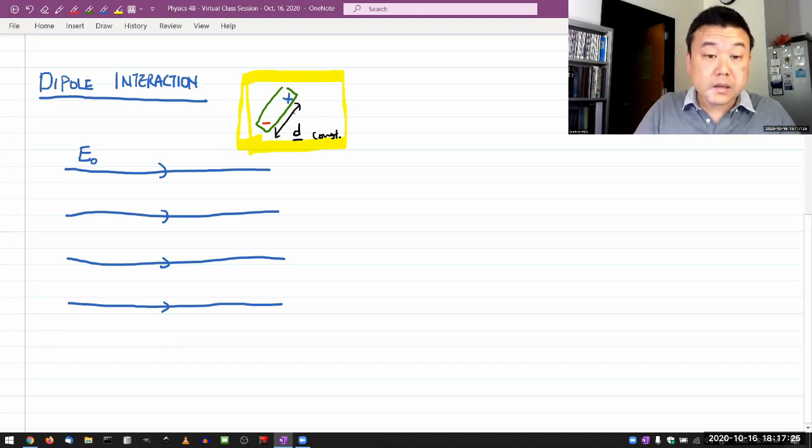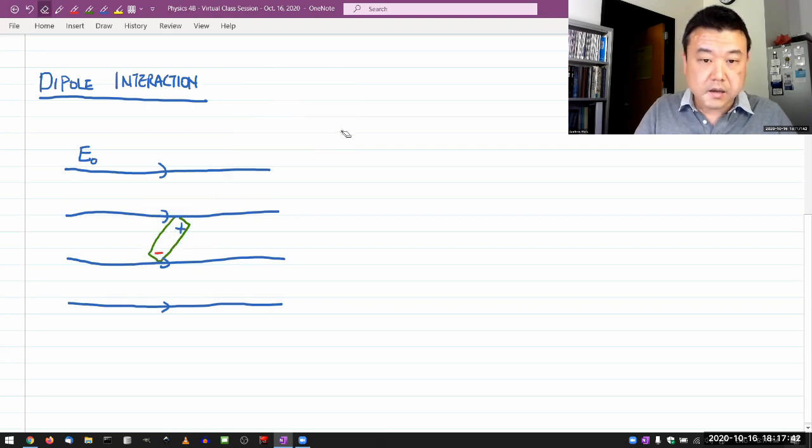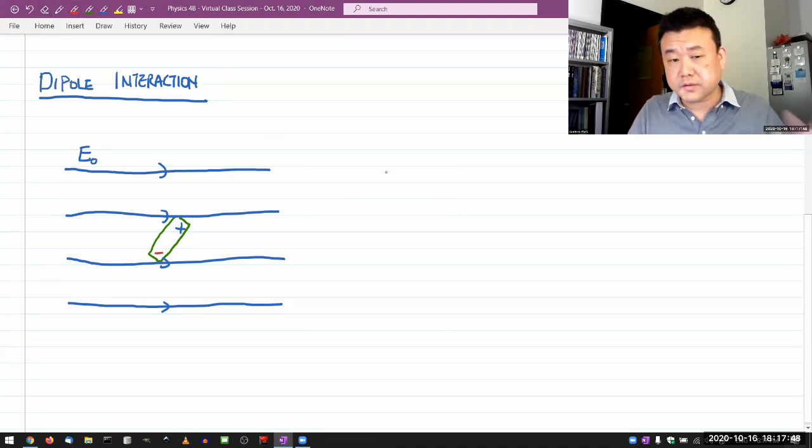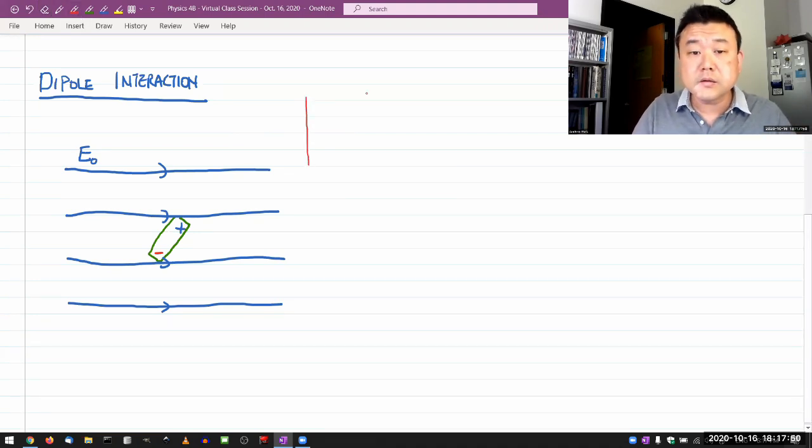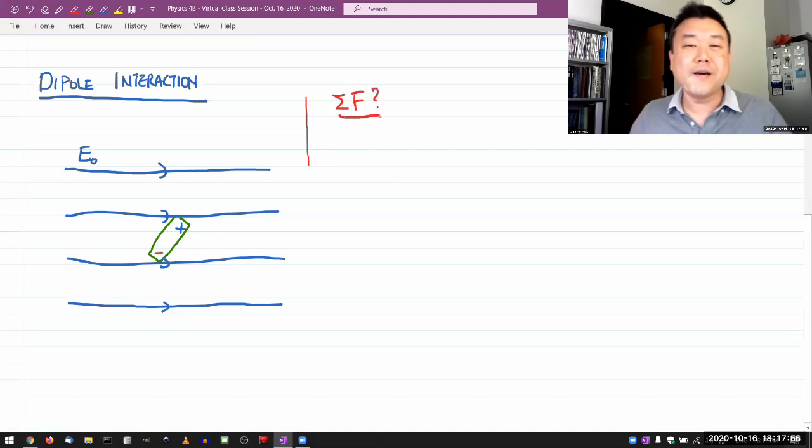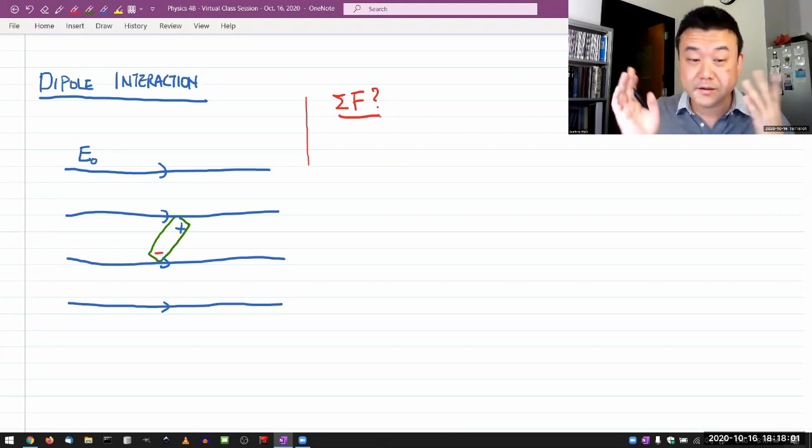So if you imagine having this dipole in this region of uniform field, there are some things you can talk about. I guess the easiest place to start from is, what is the net force? Because that's usually the thing that we ask about whenever we are dealing with mechanics. And this is a mechanical thing.